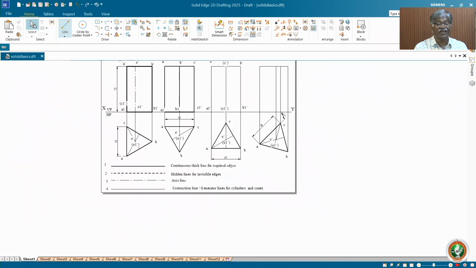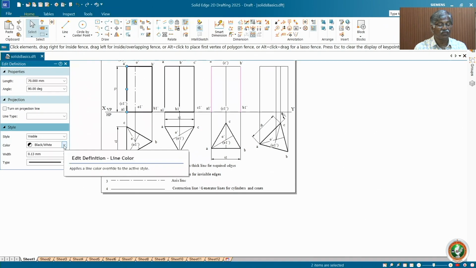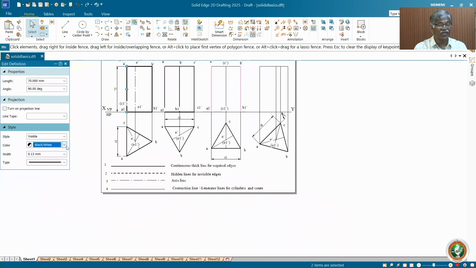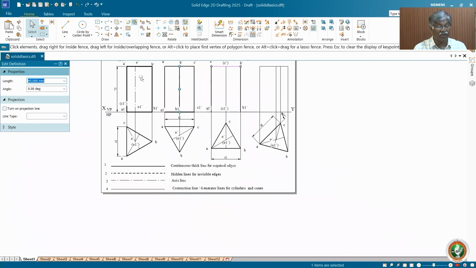So you directly take these two. Take these two and dark it. Continuous thick line, visible line. Normally it is black. Let me take 0.7, it's enough. Okay, these two are dark. And top and bottom, again this one is dark.